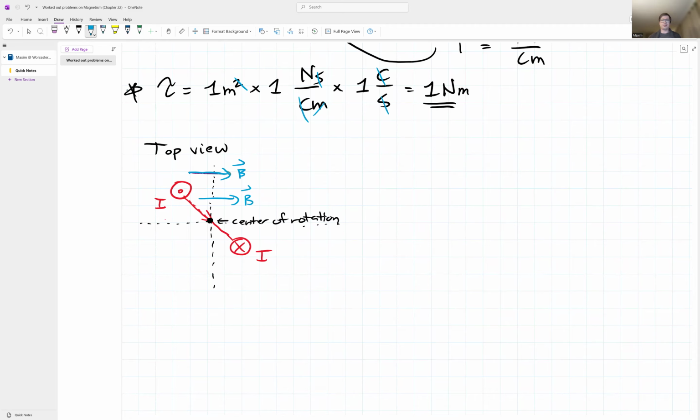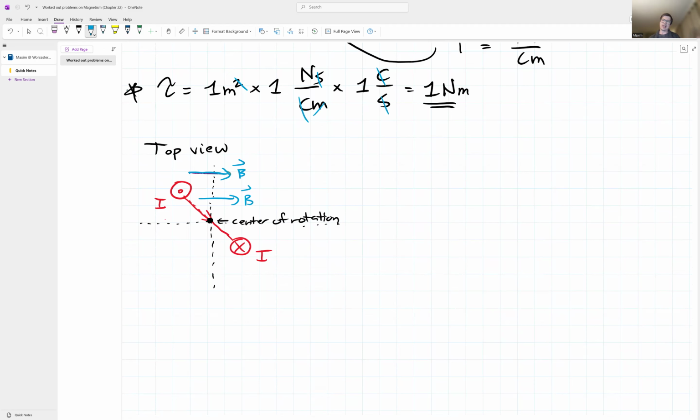Okay, so the force that the left and right segments experience is... now there's also going to be a force on the top and bottom parts of the wire, but you don't have to worry about those because they're clamped to the center of rotation.